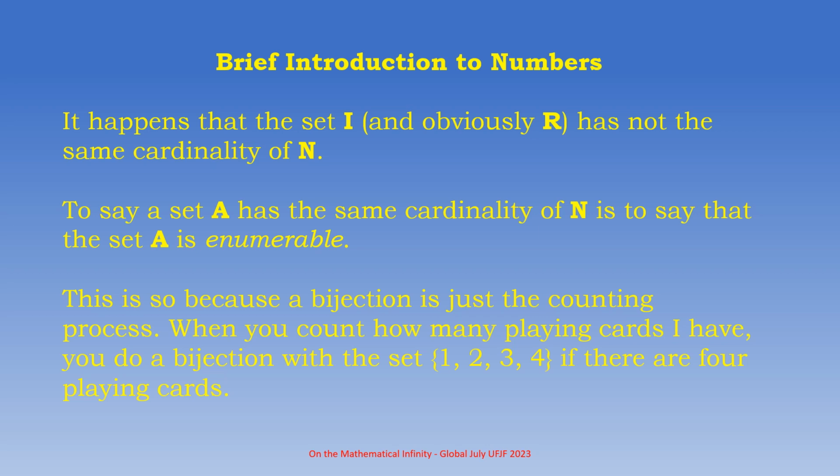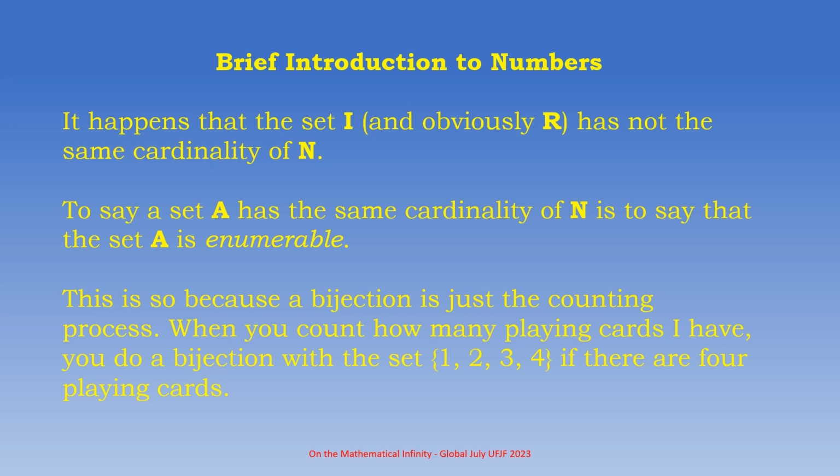There are 4 apples in front of me. When I did this, what happened here? I did a counting procedure which established, not in a formal way, but in an informal way, a bijection between these 4 apples and the set 1, 2, 3, and 4.